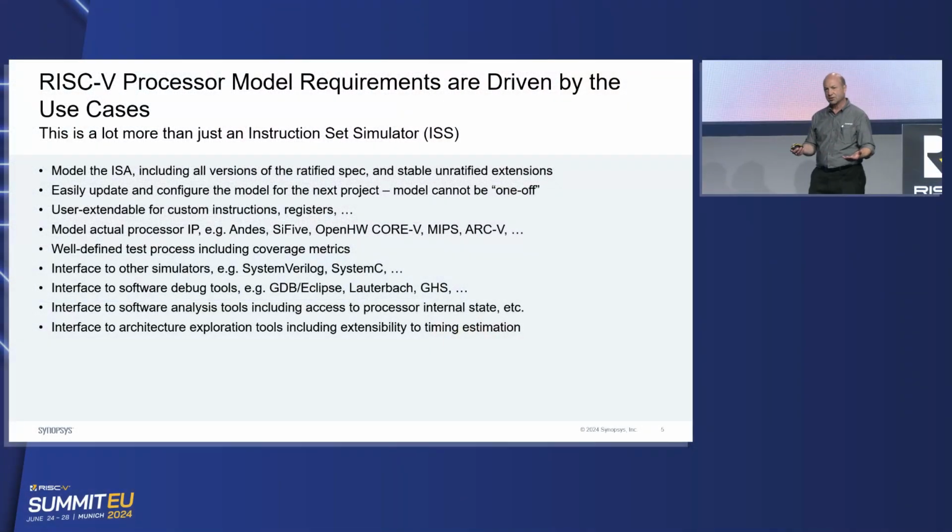If you don't have a single model for that, if you're using multiple models here, then you're going to have a disconnect someplace. For example, if you're using different reference models for software development and hardware verification, you're going to have a bug in something or just a mismatch, or your two teams interpreted the spec differently, and that's going to be a problem.